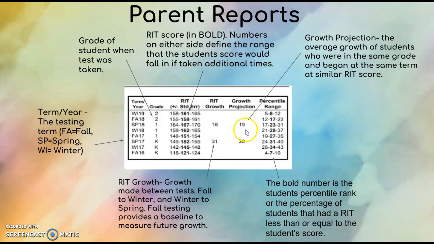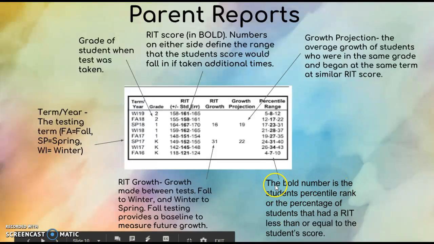Let's go back. You'll notice that the growth projection for this student is 19. And over here, you'll see that this indicates the percentile range. The bold number tells you the percentile that your student ranks. The bold number is the student's percentile rank or the percentage of the students that had a score less than or equal to your student's score.